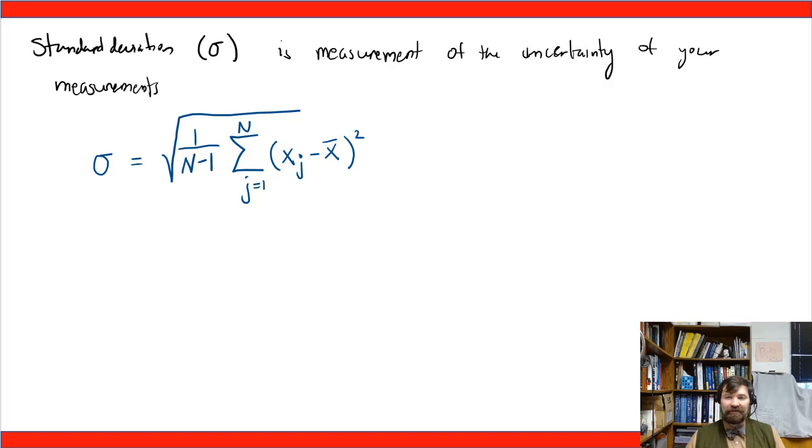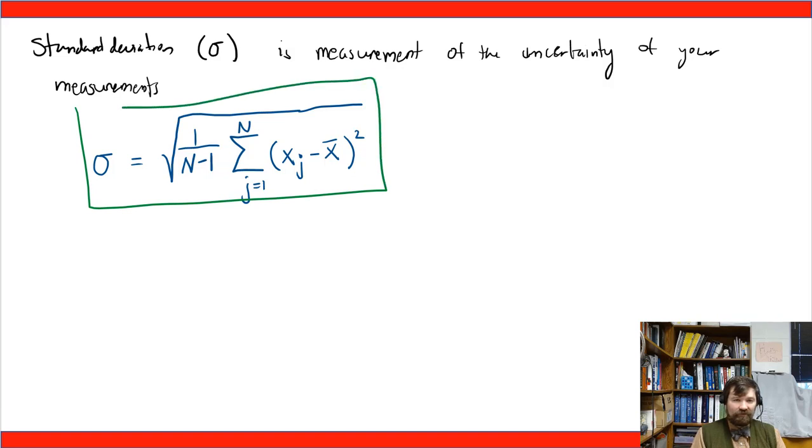Because you're doing about 5 trials typically in your labs for a given thing, this 1 over n minus 1 is probably the way to go. All right, so that is the formula to calculate the standard deviation for a sample.